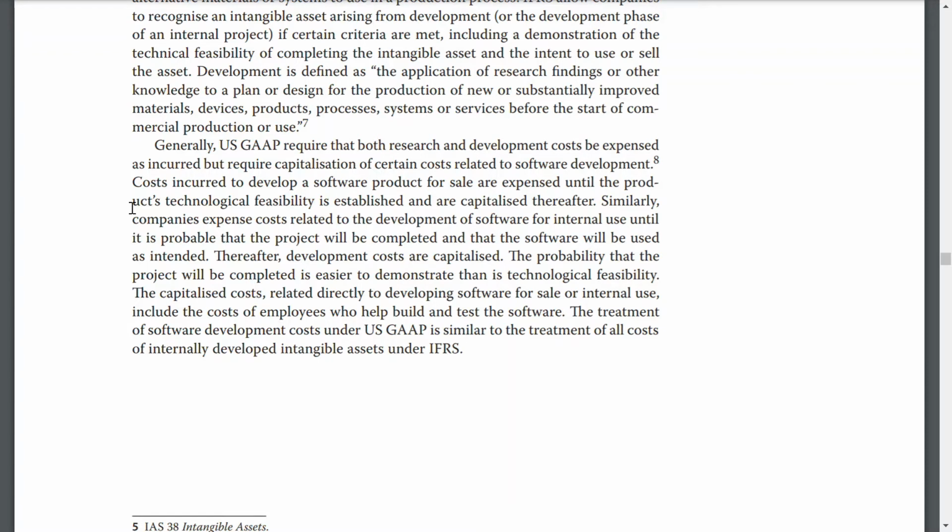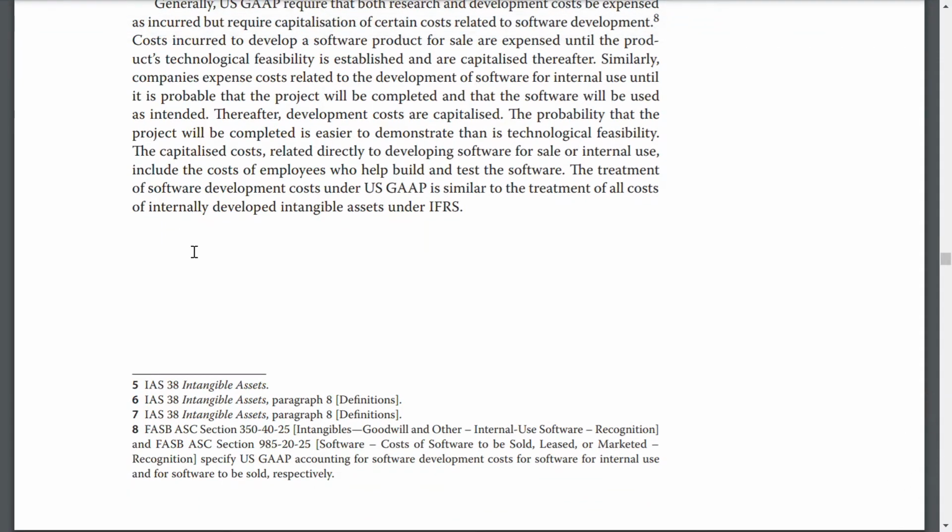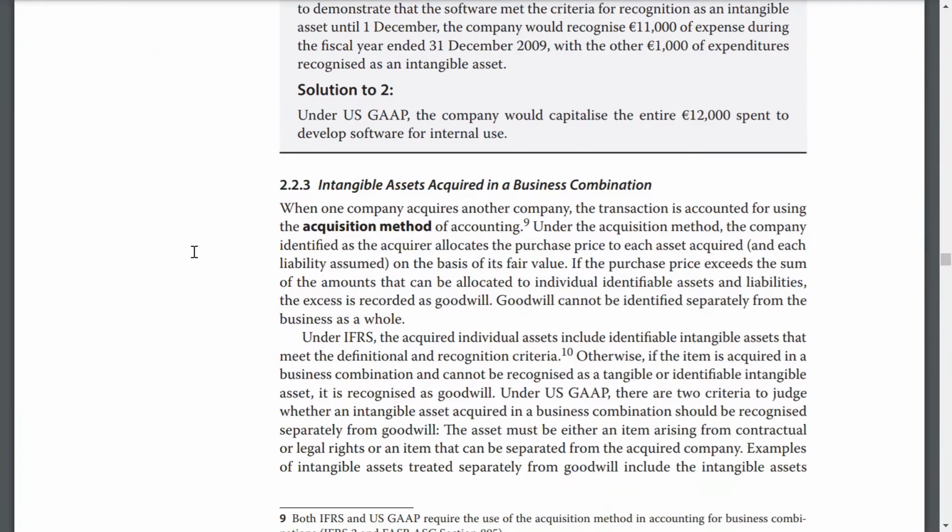Therefore, development costs are capitalized earlier, as the probability that the project will be completed is easier to demonstrate than technological feasibility. Costs capitalized related directly to developing software for sale or internal use include the cost of employees who help build and test the software. The treatment of software development costs under US GAAP is similar to the treatment of all costs of intangible assets under IFRS.